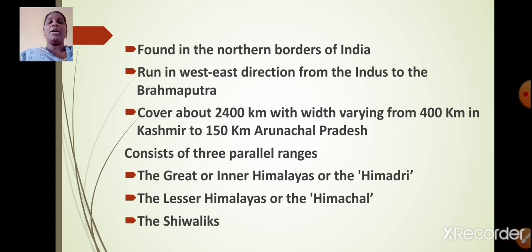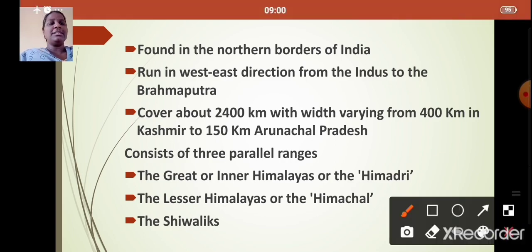Himalayas cover about 2,400 km. So you need to remember this. 2,400 km, with width varying from 400 km in Kashmir to 150 km in Arunachal Pradesh.